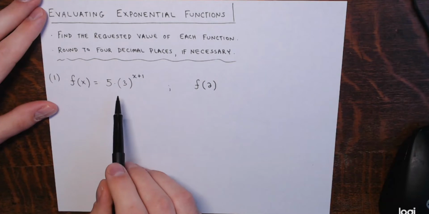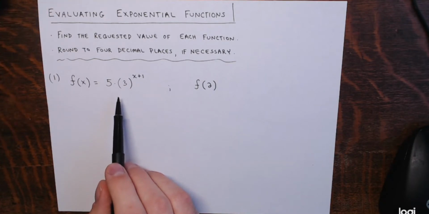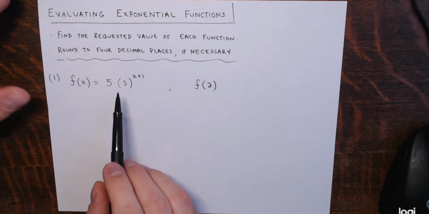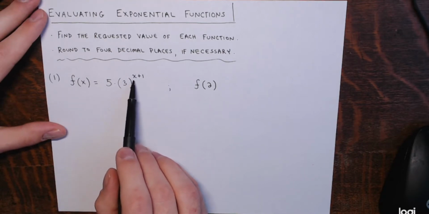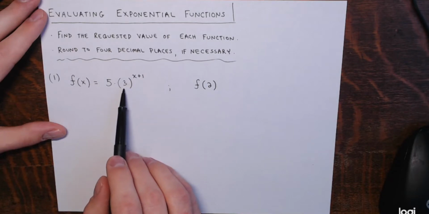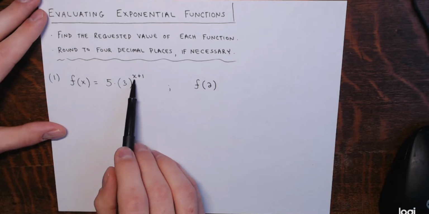Each of these is going to be an exponential function, meaning you're going to have a base and an exponent involved. The base will be some positive real number that's not 1. And the exponent will have a variable to the first power in it, right? An x in it somewhere, or a t or whatever.